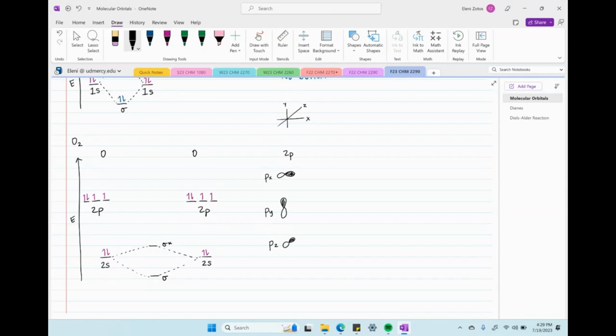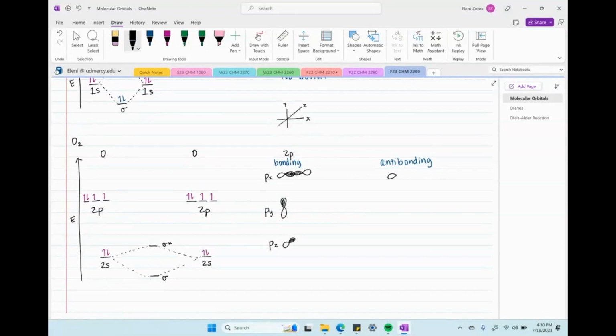So if we have p orbitals from 2 different atoms that are overlapping, we can create from each p orbital, px, py, and pz, a bonding, and we'll draw that in, and antibonding molecular orbital. So if we bring in another px orbital from another atom, like two oxygen atoms, those can bond as long as the two lobes that are in the same phase overlap.